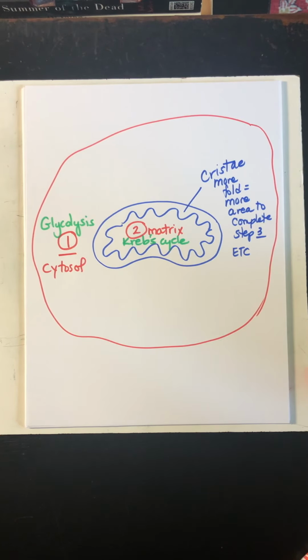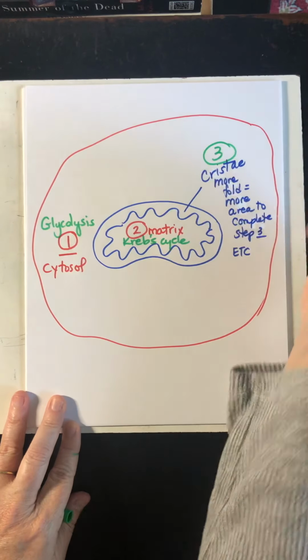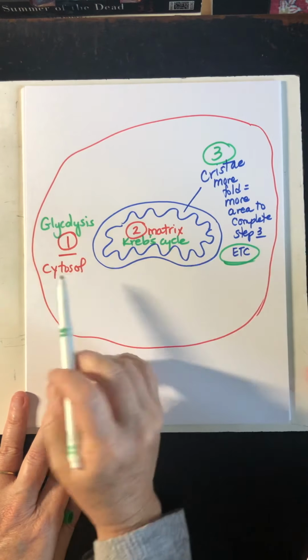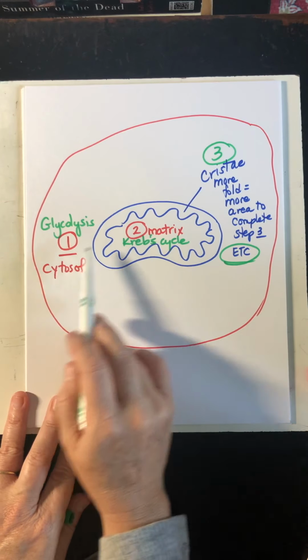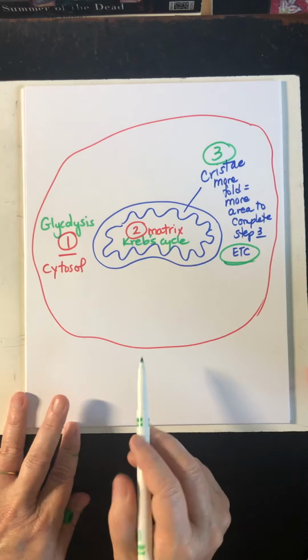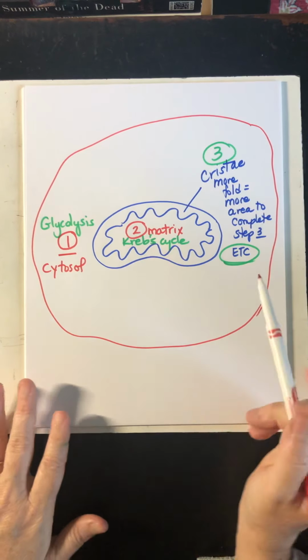Then step 3, your electron transport chain, happens right there in the inner cristae. So 1, 2, 3, we go outside the mitochondria, we get into the matrix, we move into the cristae, and then it's over.